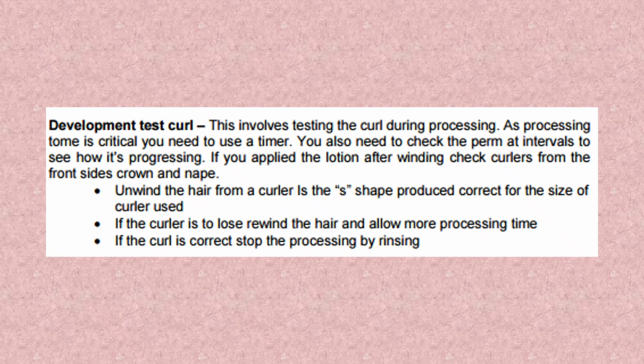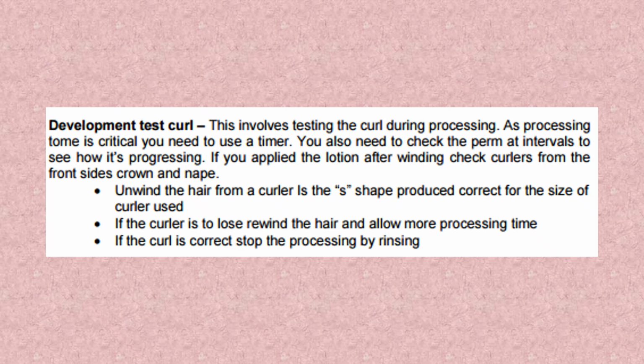Development test curl. This involves testing the curl during processing. As processing time is critical, you need to use a timer. You also need to check the perm at intervals to see how it's progressing. If you apply the perm lotion after winding, check curlers from the front sides, the crown and the nape.